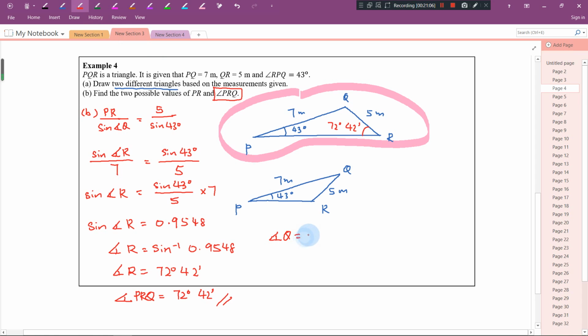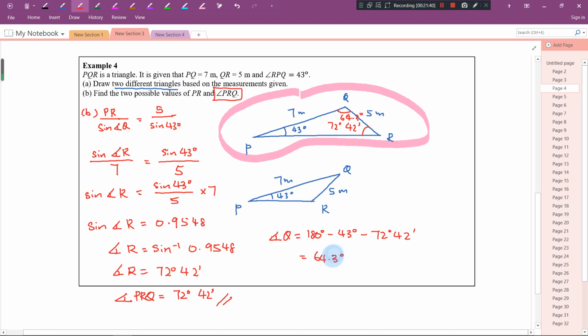So the angle Q is equal to 180 degrees minus 43 degrees minus 72 degrees 42 minutes, which is equal to 64.3 degrees. Can you see it? 64.3 degrees.